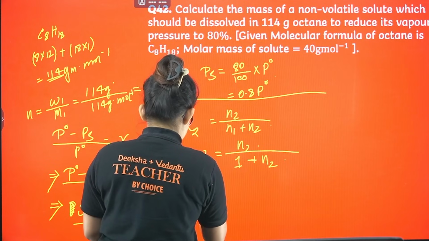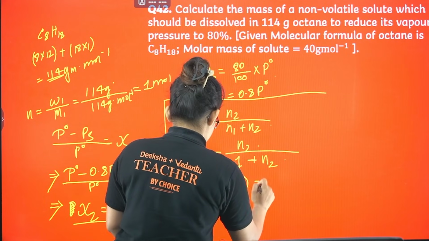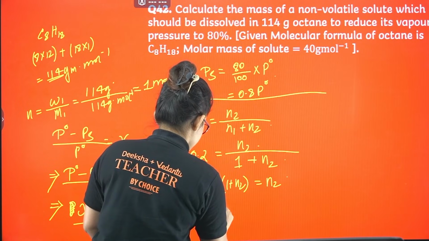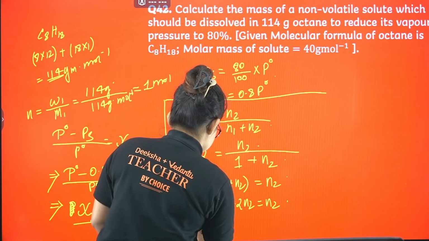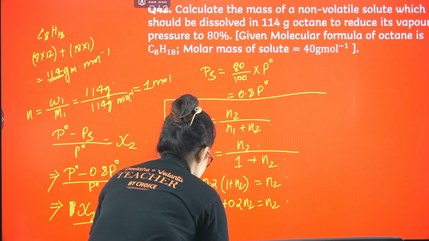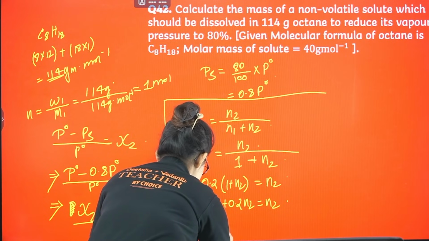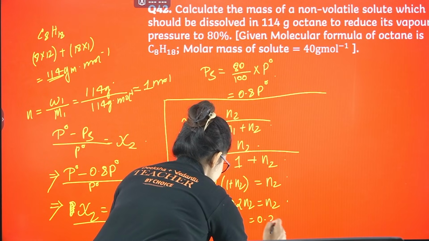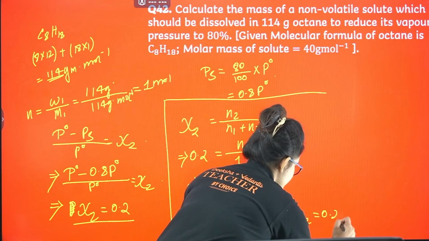So 0.2 into 1 plus N2 will be equal to N2. Further, 0.2 plus 0.2 into N2 equals N2. From here, 0.8 of N2 will be equal to 0.2. So N2 will come up to be something like 0.25 mole.